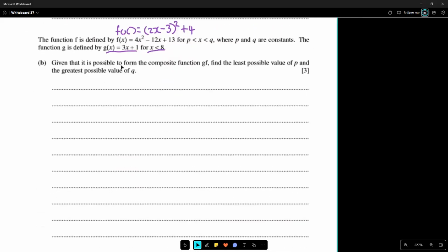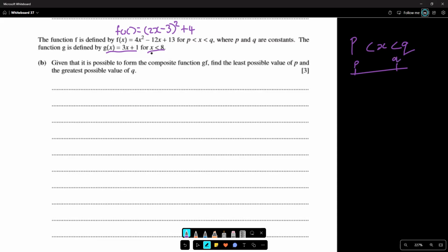Given that it is possible to form a composite function gf. Okay. So guys, we are going to have a composite function only and only if this is true. Yeah? Okay, let me draw an interval to show you what I mean. So this is P, that's Q. And then we have this one.